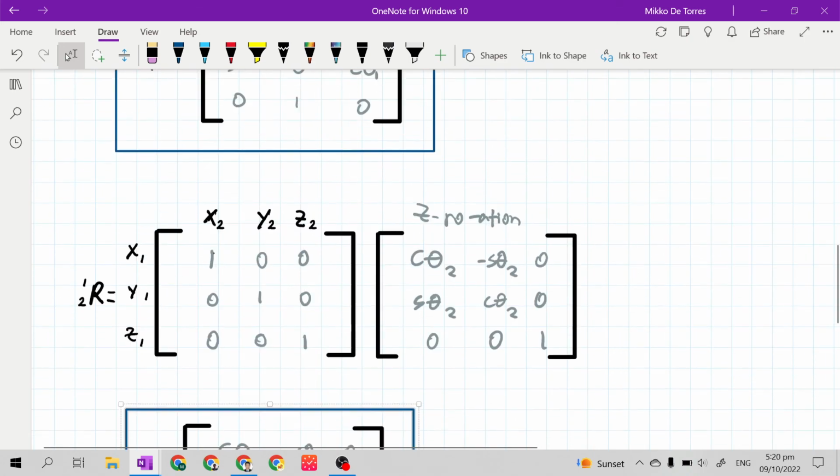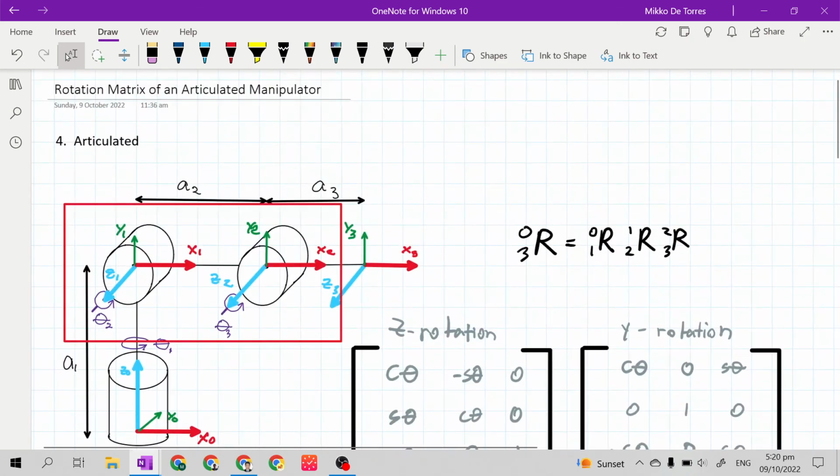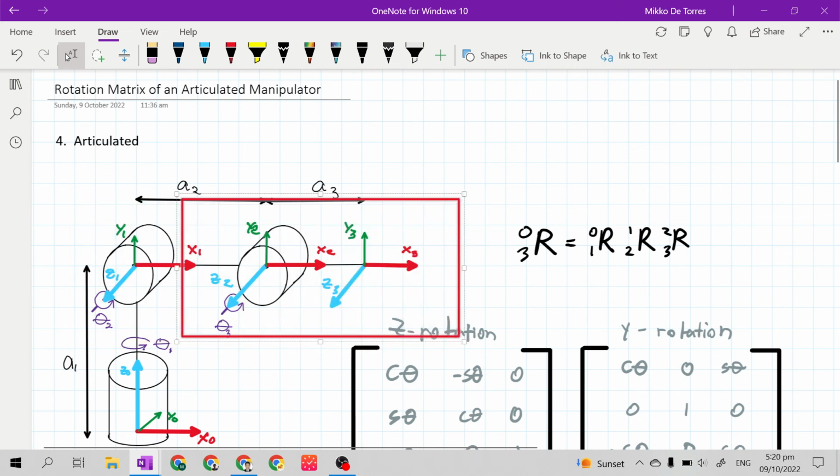Next for R23. R23, like R12, has frames with axes that are in the same directions.